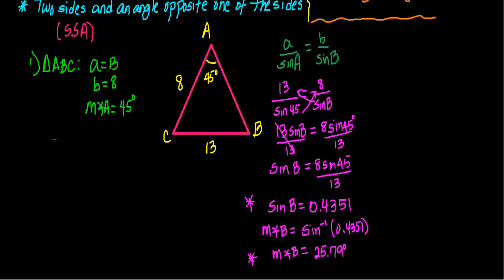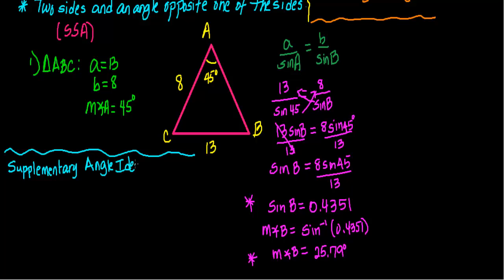We have a supplementary angle identity. And this is what the identity says. It says that the sine of an angle is the same thing as the sine of 180 minus that angle. What does that mean?